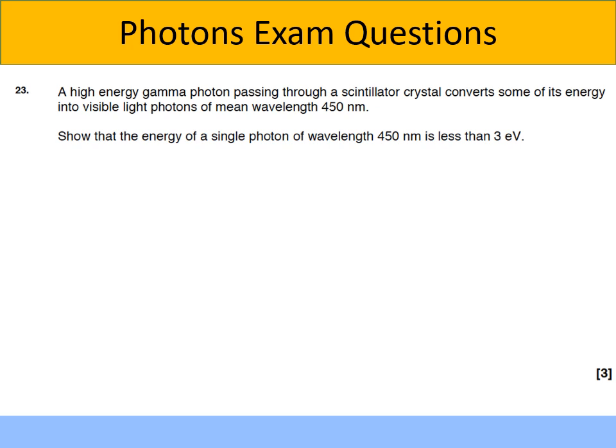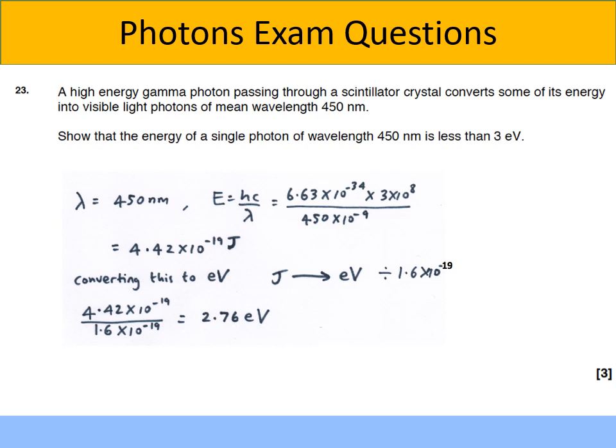Okay, so we can use our energy of a photon equation, E equals hc over lambda, which is 6.63 times 10 to the power minus 34 multiplied by 3 times 10 to the power 8, divided by the wavelength, which is 450 times 10 to the power minus 9 meters. Yes, we've converted the 450 nanometers into meters.